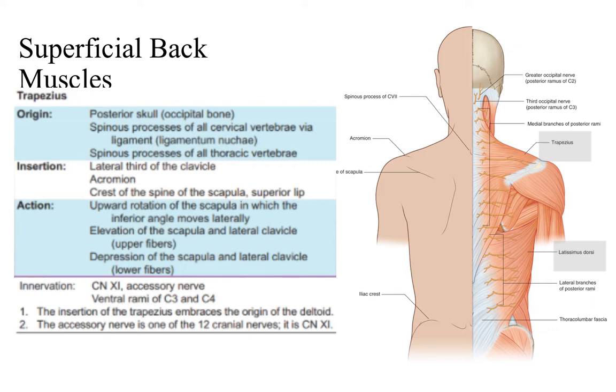Starting with the trapezius here as a superficial back muscle, remember the trapezius goes all the way up here to the occipital bone, across to the shoulder, then down posteriorly to the vertebral column, and runs all along the vertebral column as its origin point for all of the thoracic vertebrae as well as the ligamentum nuchae associated with cervical vertebrae.